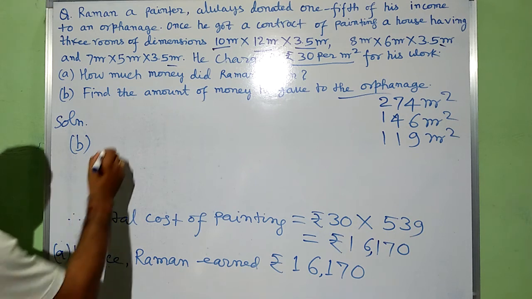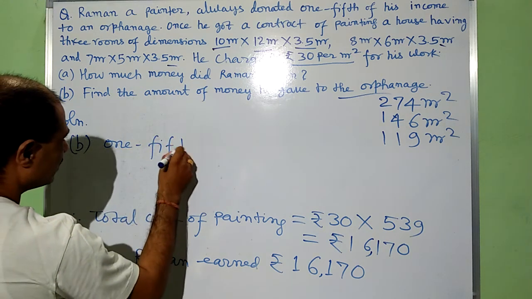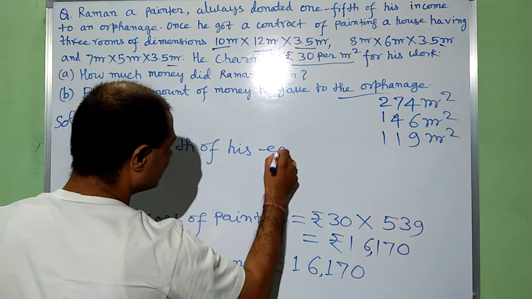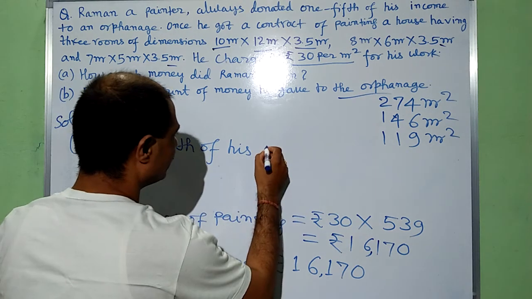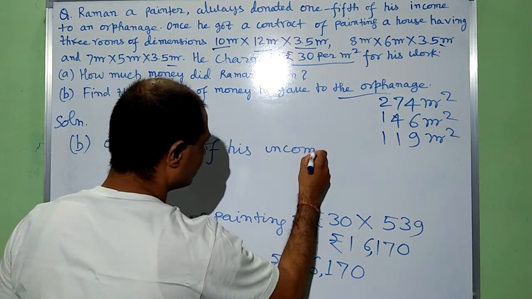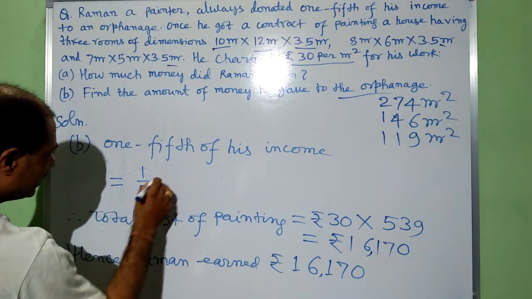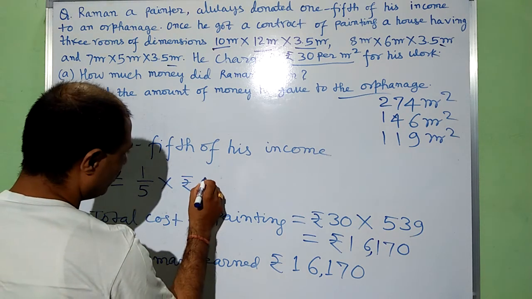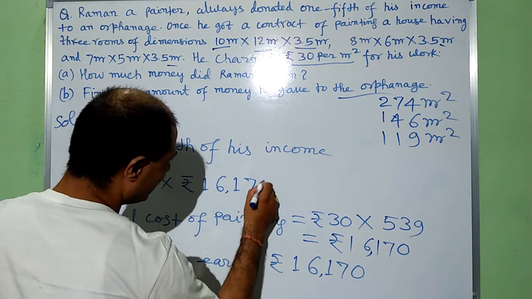Hence, 1/5 of his income. It will be 1/5 into his income, that is rupees 16,170.